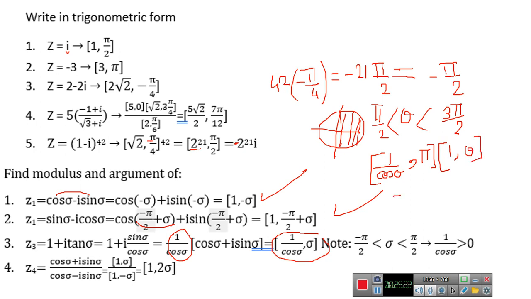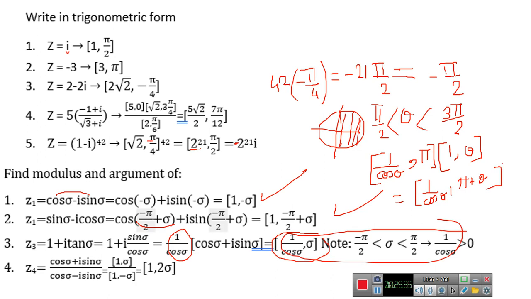So the second case, what will this be? 1 over cosine theta will be negative. So since 1 over cosine theta is negative, what do you have? You have r is 1 over cosine theta, which is real, and you have with it what? Pi. And you have theta.